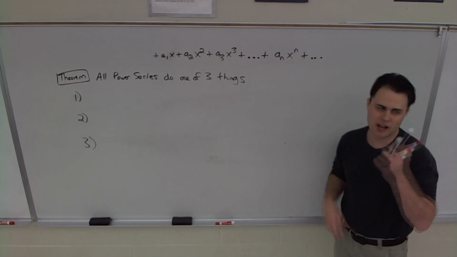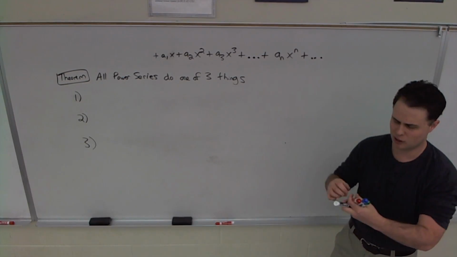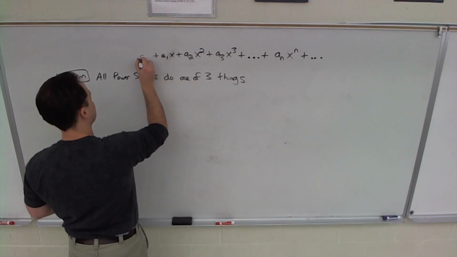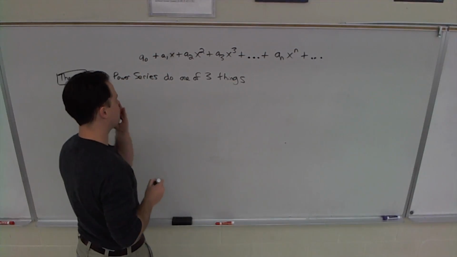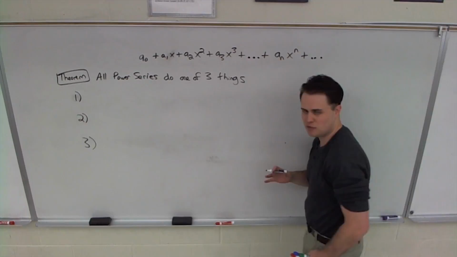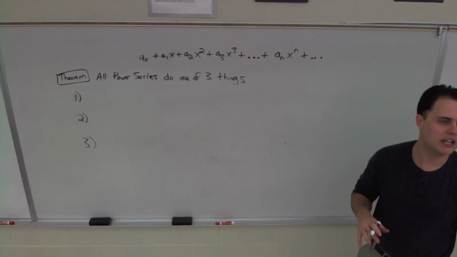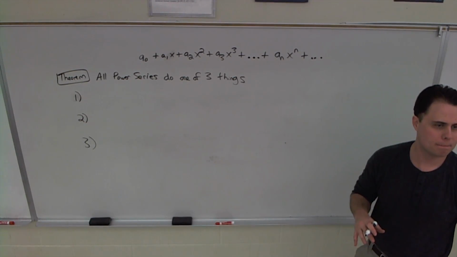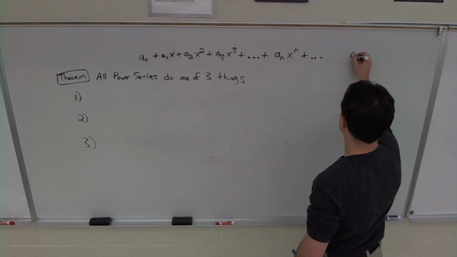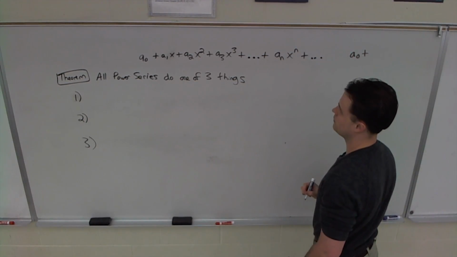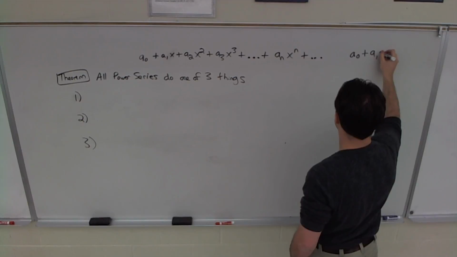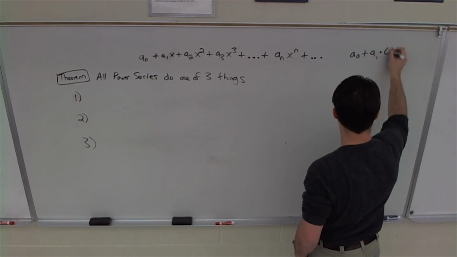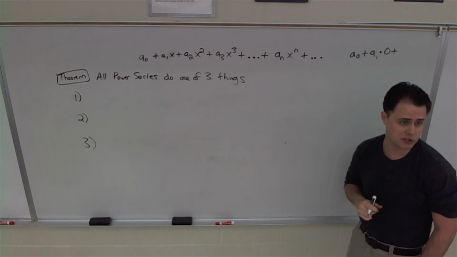So let's think about the simplest case first. For this one up here, what did I say this one was centered at? I have to put it back up there. So if we imagine that specific center, what would we get? We'd get a sub 0 plus a sub 1 times 0 at its center, right? I'm not thinking about other places.